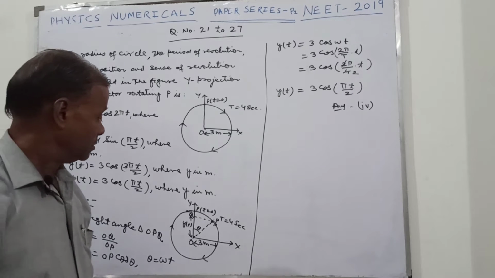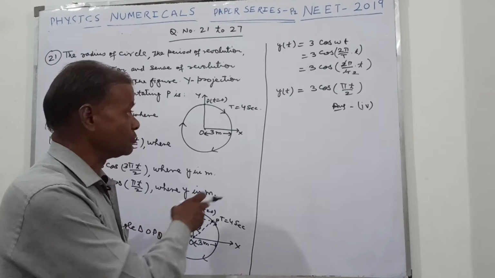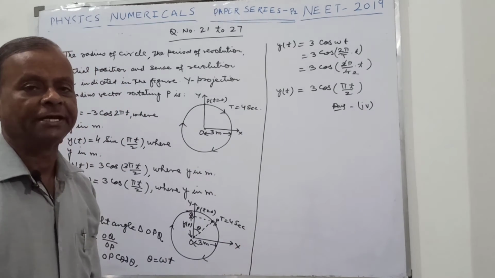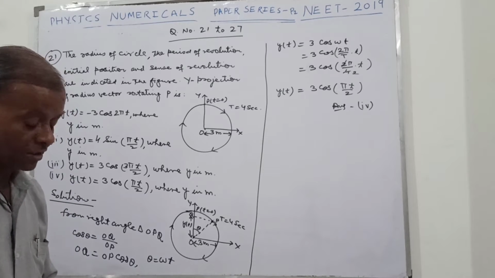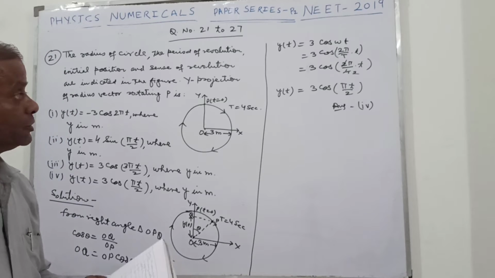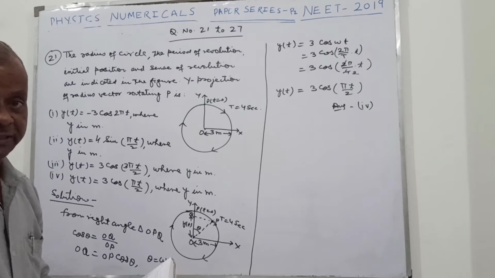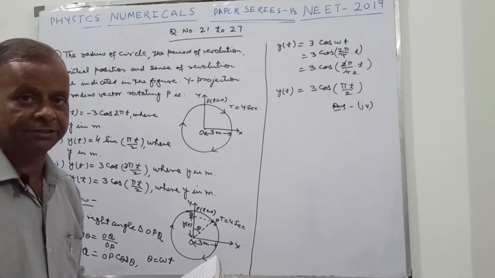So along the y-axis we have cosine, and along the x-axis we will have the sine term. This is the difference. This is why the sense of rotation is given; according to that we have to select the direction.